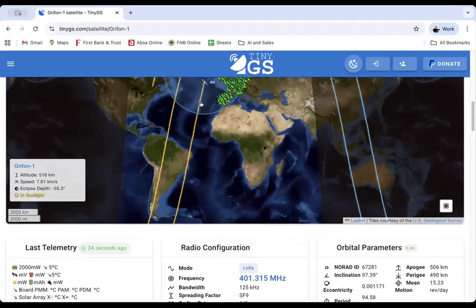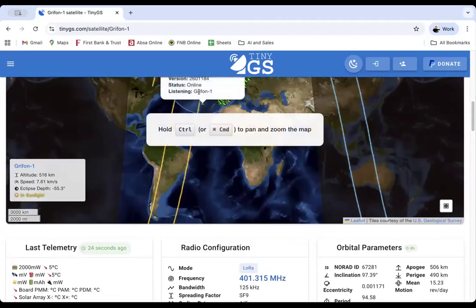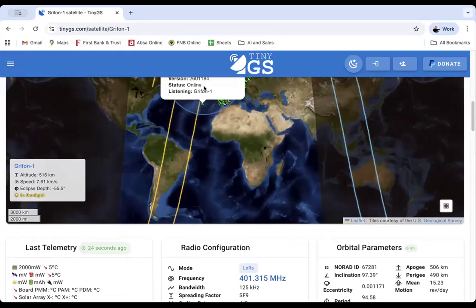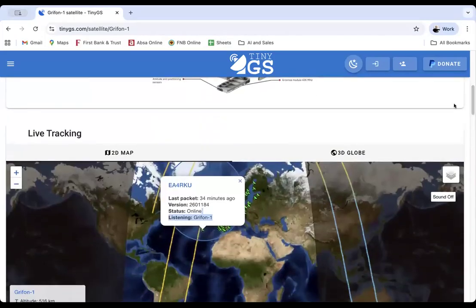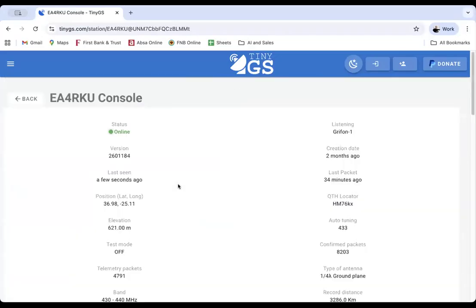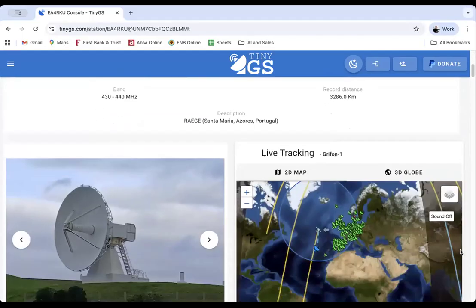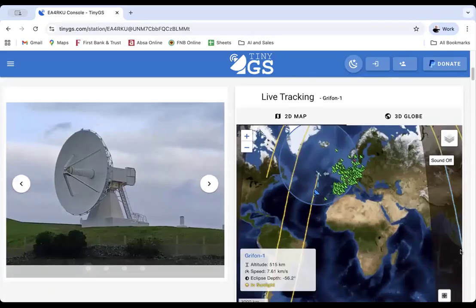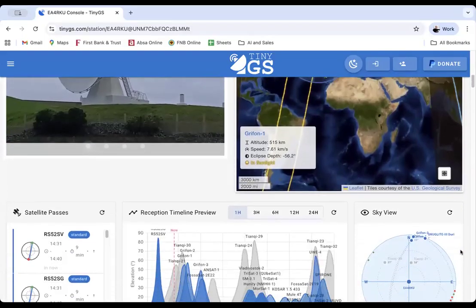And then let's have a look at this ground station. Here, this ground station has downloaded a packet from this particular satellite, and that's pretty big.